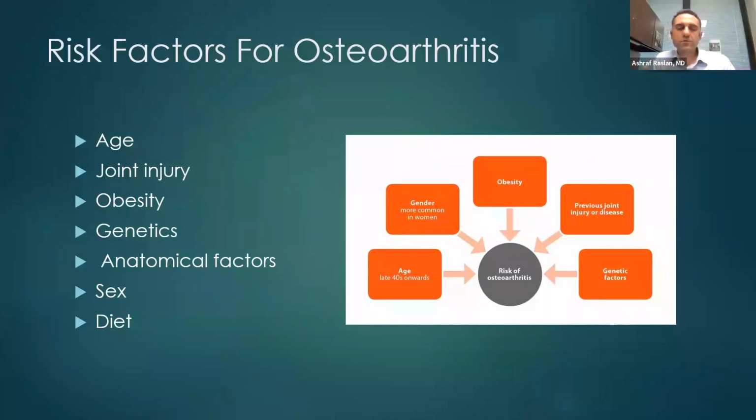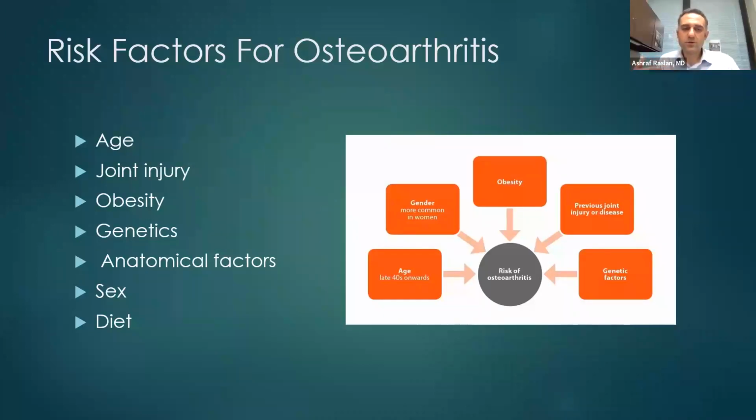Anatomical factors, we talked about that when we talked about the mechanical factors, which mainly affect people who have, let's say, a difference in the length of both lower extremities, or scoliosis. All of these can put more pressure on one joint compared to the other, or one side of the joint compared to the other side of the joint.